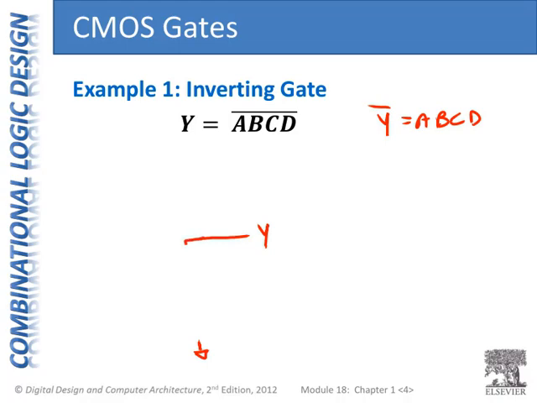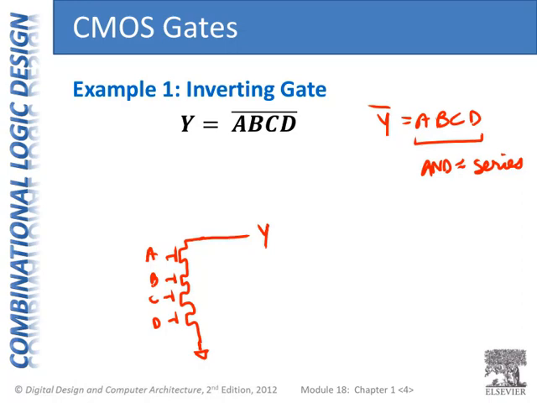We know AND means series, A and B and C and D. This AND relationship means they all have to be true in order to get Y bar to be true, or in other words, Y to be false. Anything in an AND relationship is in series. So we have our pull-down network, our connection between Y and ground.